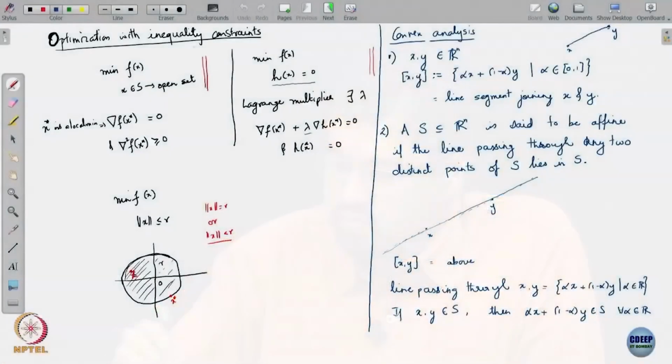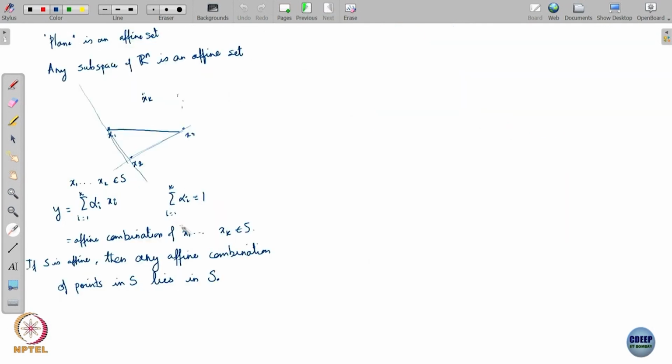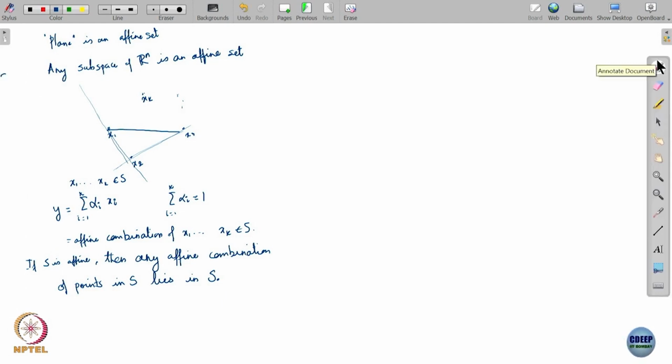It generalizes the previous definition. In the previous case, alpha 1 was this alpha, and alpha 2 was 1 minus alpha. So alpha 1 plus alpha 2 is still 1. Got it? So this condition that the alphas should sum to 1 is just generalizing the previous condition.